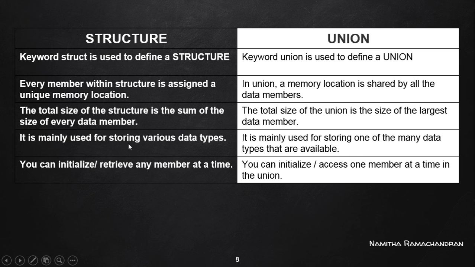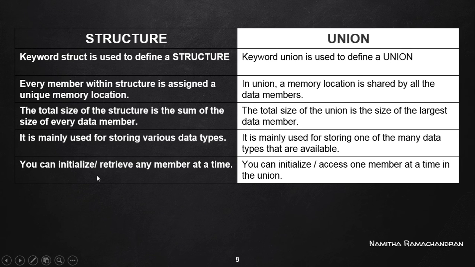Using structure variables, we can store and retrieve many values at the same time. But in case of union, it is used for storing one of the many data types that are available. We can store and retrieve only one value at a time among the different values.